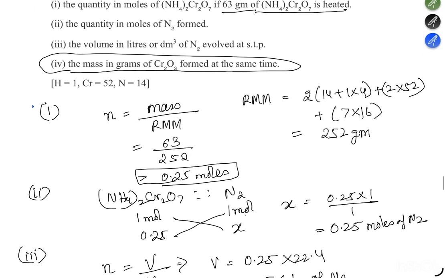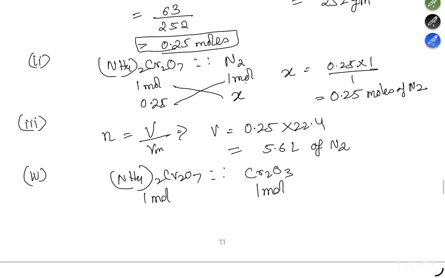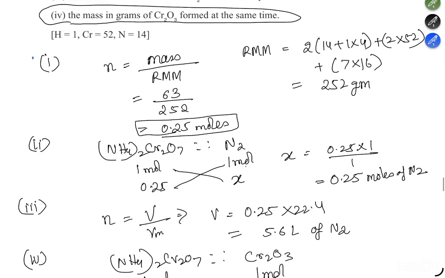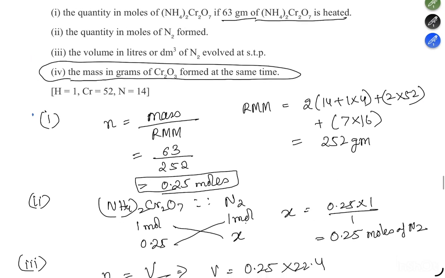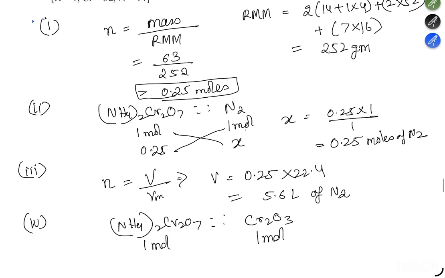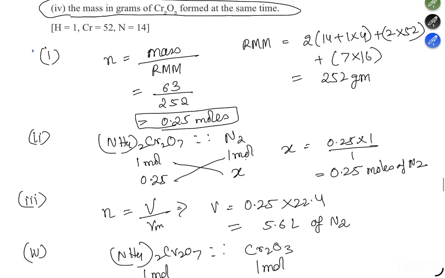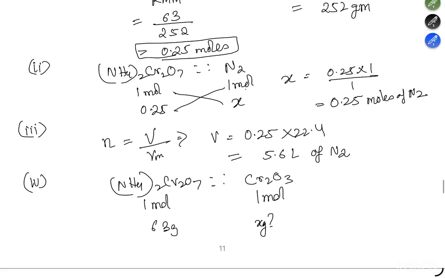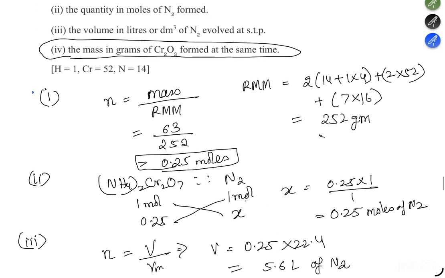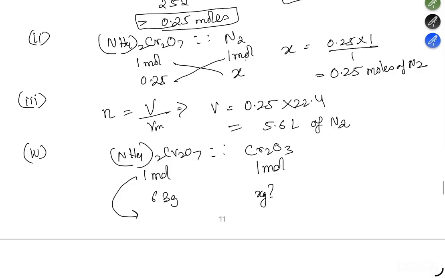In the question, they are asking the mass which is produced, and the mass of ammonium dichromate is taken as 63 gram. They are asking how many grams of chromic oxide is produced. So we have already calculated the mass of 1 mole of ammonium dichromate, which we got as 252 gram.